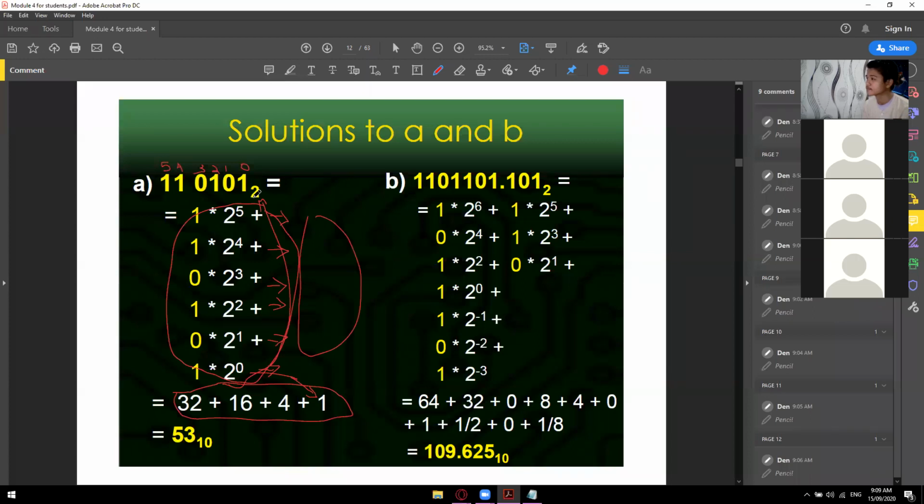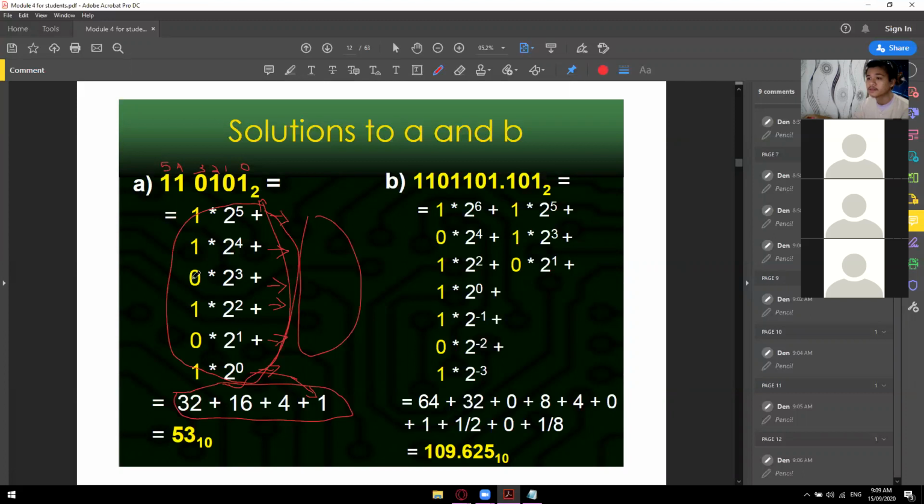Excuse me po. Ano yun? 59 naman po yung lumabas na sagot. 59? 32 plus 16 is 48. 48 plus 4, parang hindi po nasa yung 2 raised to 3. 2 raised to 3, zero na kasi ito eh.